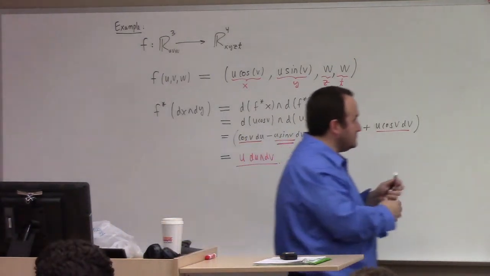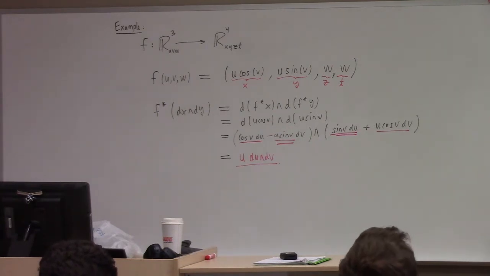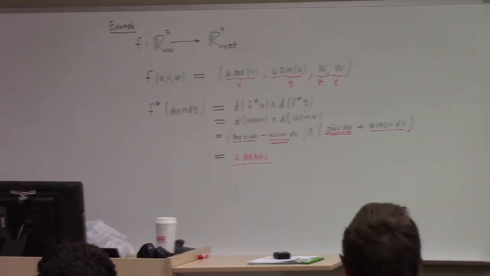So how about if I look at the pullback by F, and we'll do a single one. How about F pullback of dz plus dt? Or we could just look at, how about this?